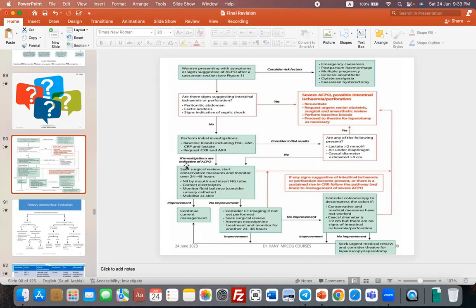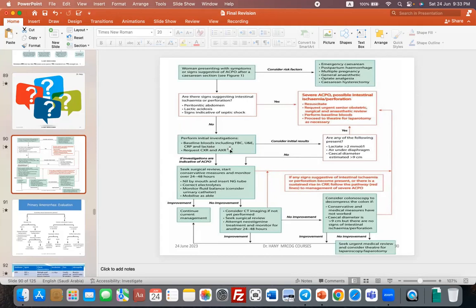After investigation, surgical review. If there is no emergency, no tympanic abdomen, no air under the diaphragm, no perforated viscus, all these two will put her in the theater. No, she is stable, no air under the diaphragm, not in sepsis, so she is not going to the theater.